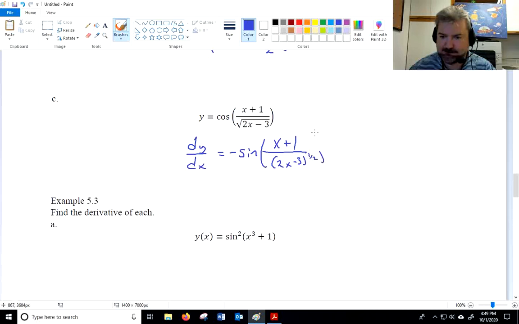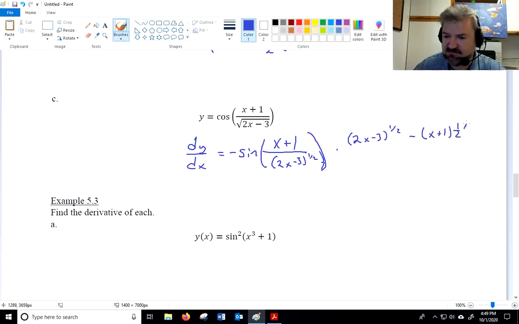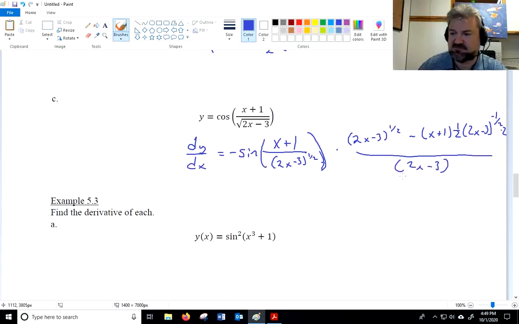There we go. Now I have to multiply by the derivative of the inside, so I have to use the quotient rule. So that's low d high, the derivative of the high here is 1, minus high d low, which would be 1/2 times 2x minus 3 to the negative 1/2, times 2, because of the chain rule inside there, all over low, low, which is 2x minus 3 to the first. That's a pretty big one. Look at how big that expression got. But that's what can happen.